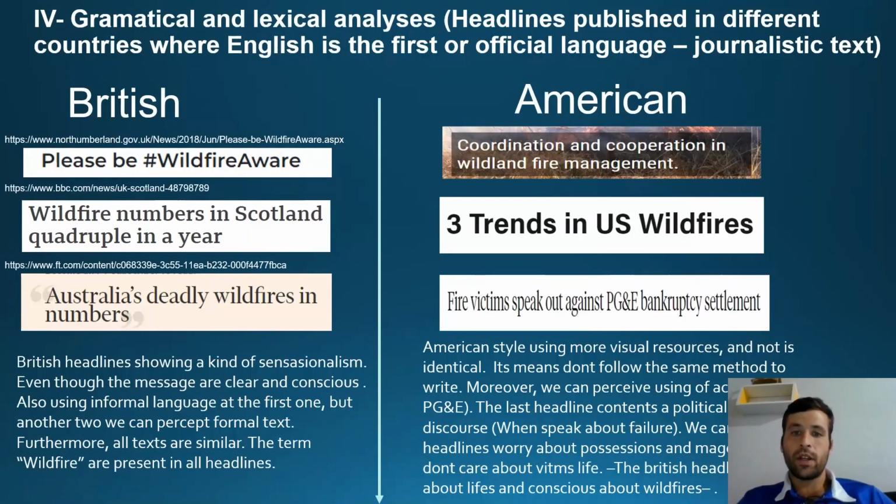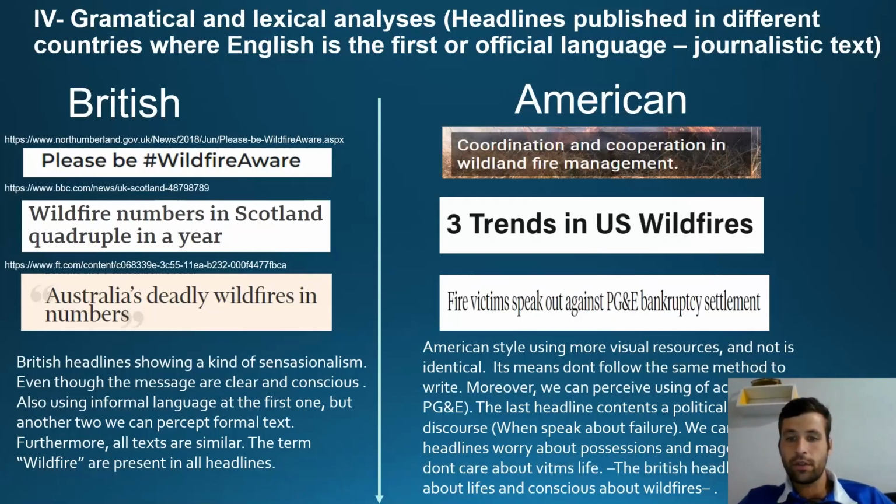The first one, "Coordination and cooperation in wildland fire management." Second, "Three trends in US wildfires" and "Fire victims speak out: PGE bankruptcy settlement." The American style uses more visual research and is not as identical. It means they don't follow the same method to write.